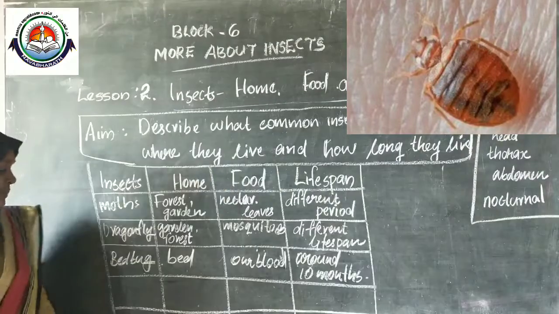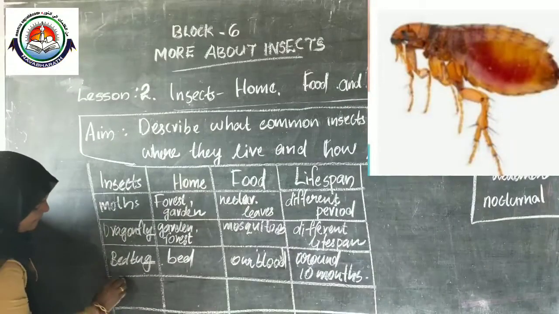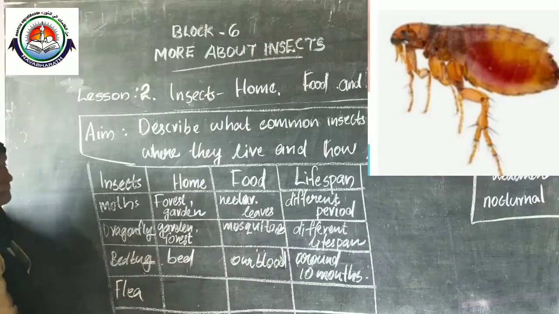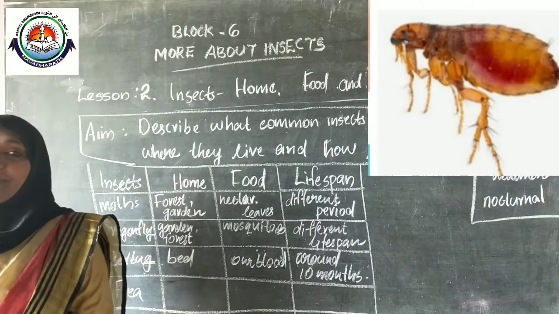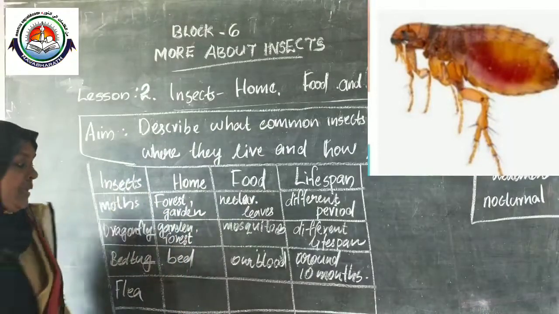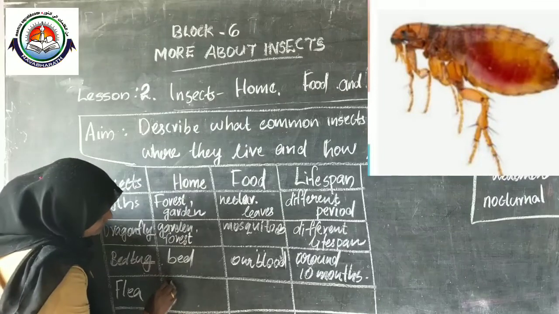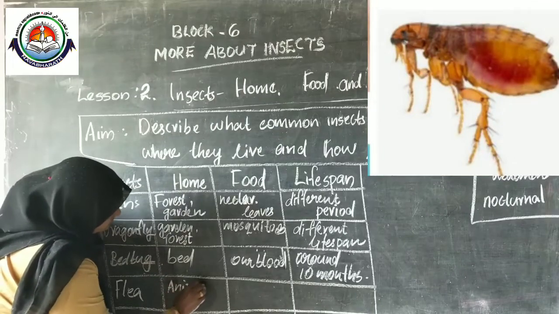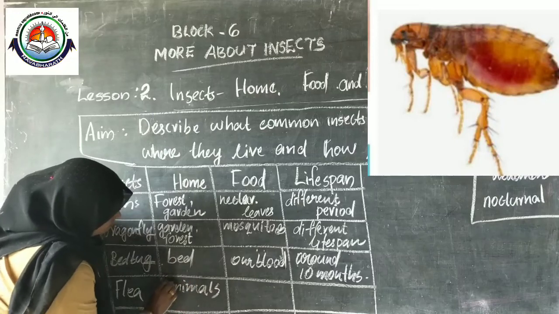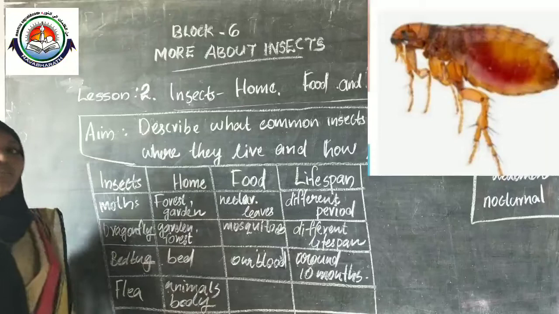Okay. Next one is flea. Where do they live? They live on the animal's body. What is their food?